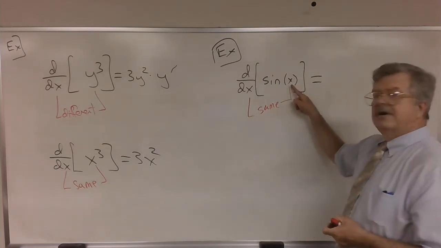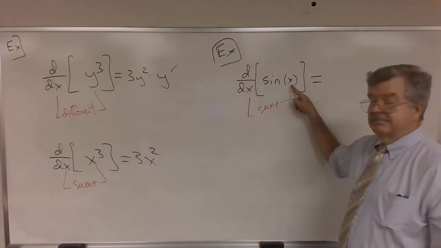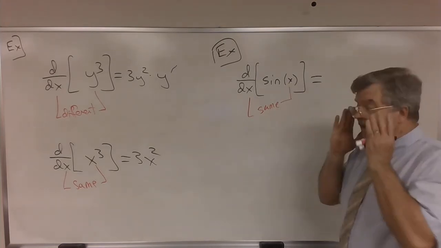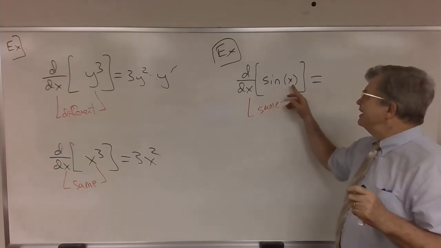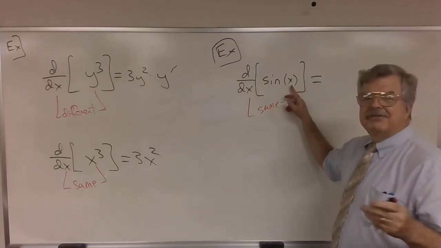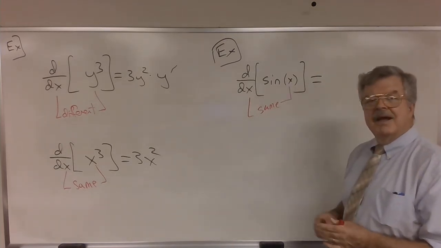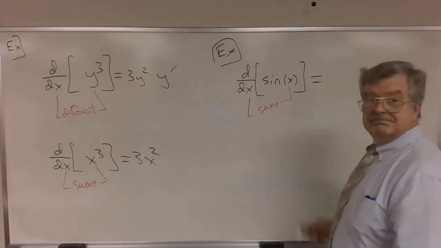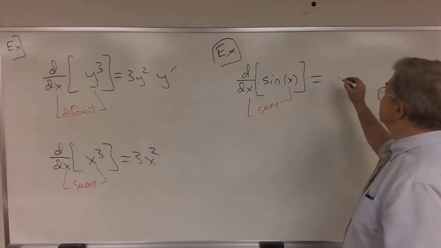So how do we regard x here? Just a variable, nothing more, right? So this is not really a composite function. It's just the sine of x. How do we compute the derivative of the sine of x? Cosine of x?